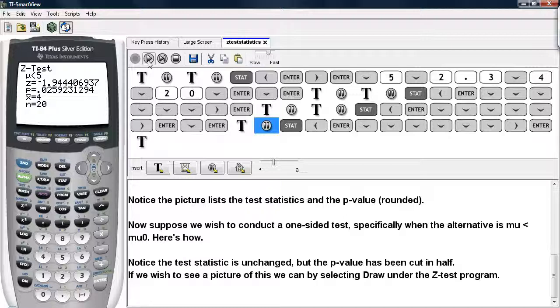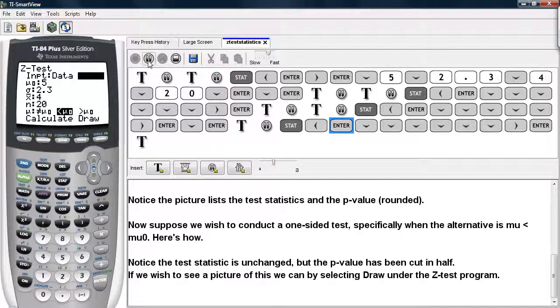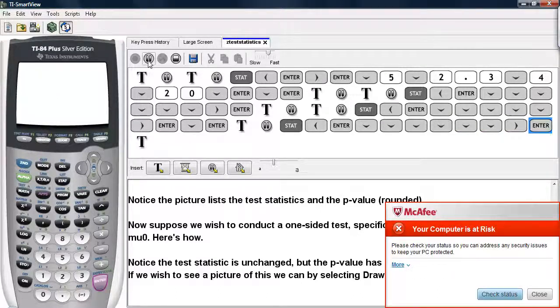And if we want to see a picture of this, we may. You hit Stat, highlight Tests, select Z-test, and scroll down again until you get to Draw. And then hit Enter.